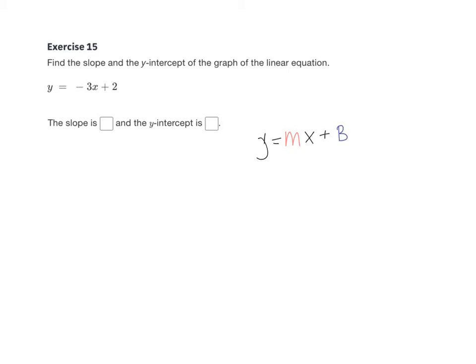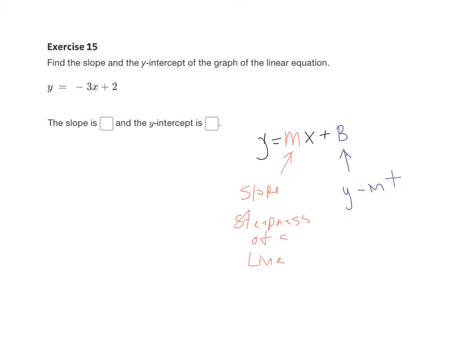And so m is the slope, which is also known as the steepness of a line, how steep that line is. And b is the y-intercept.